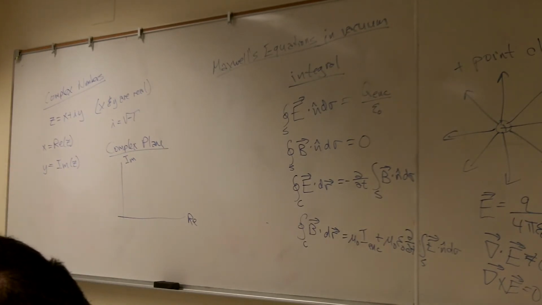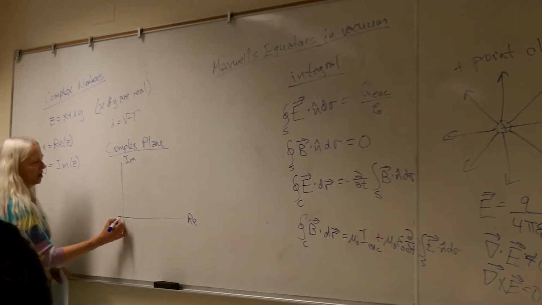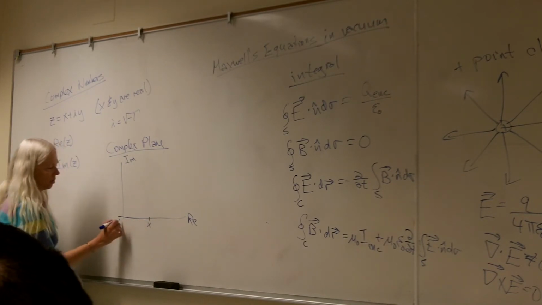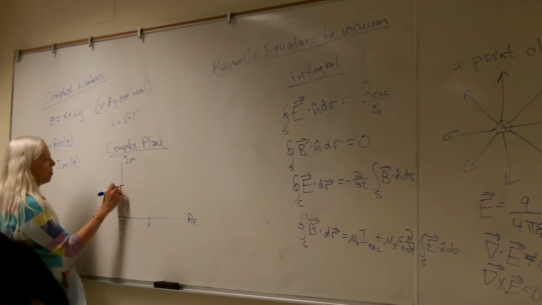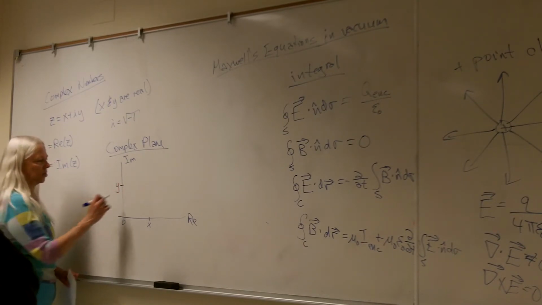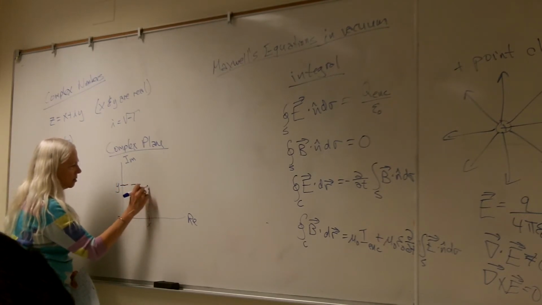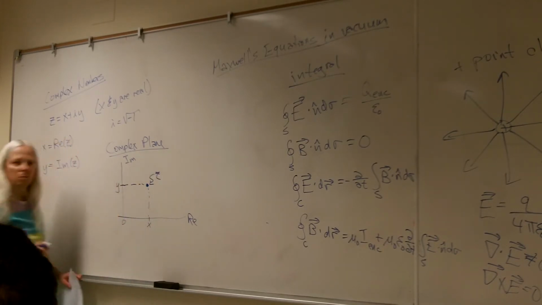So we can represent a number like z as a dot in the complex plane. And all we do is we start at the origin, and along the real axis we go over to a position x. And we go up on the imaginary axis to a position y. And that dot right there represents the number z.